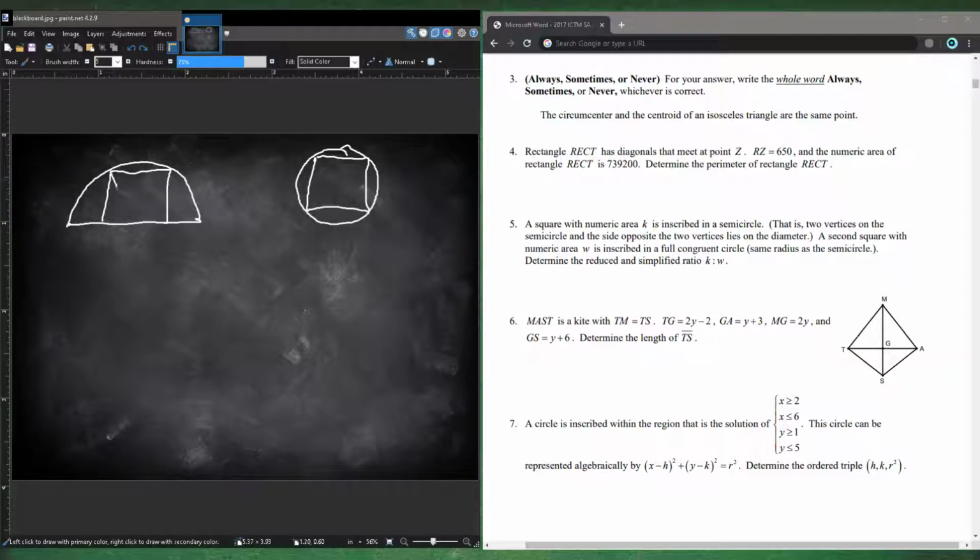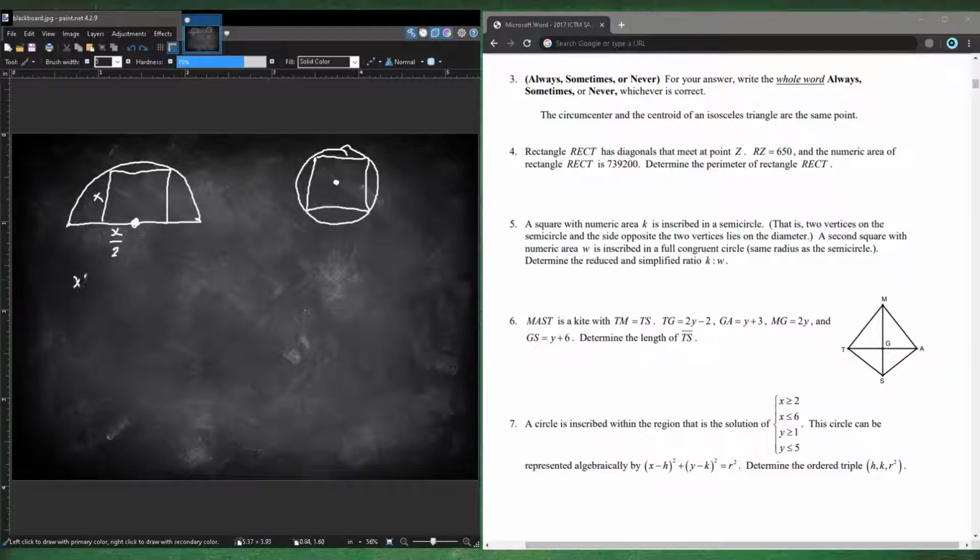So if this is your radius, if you kind of think about it, this is right in the middle of the square. So if you call this your side length x, and let's put our point for our center, that means this has to be x over 2. That means the radius of this, using your Pythagorean theorem, is x squared plus x divided by 2 squared.